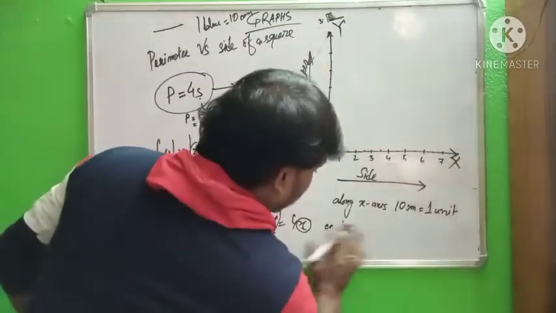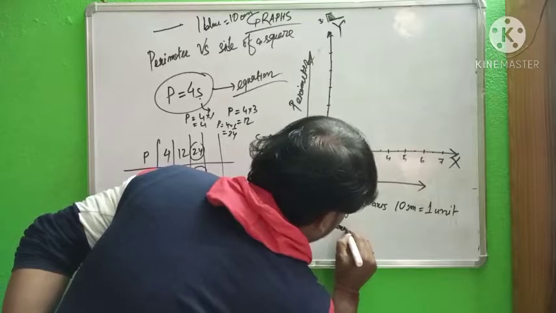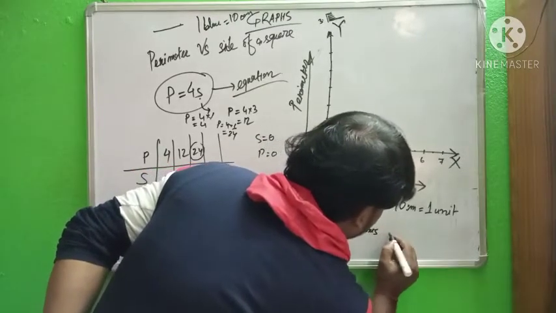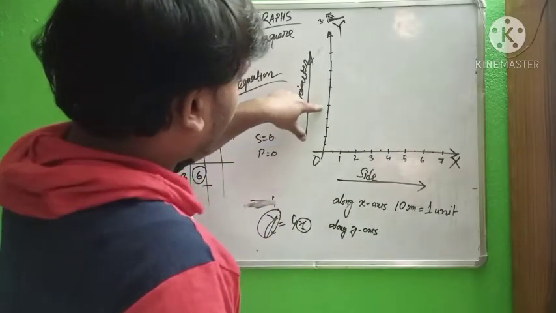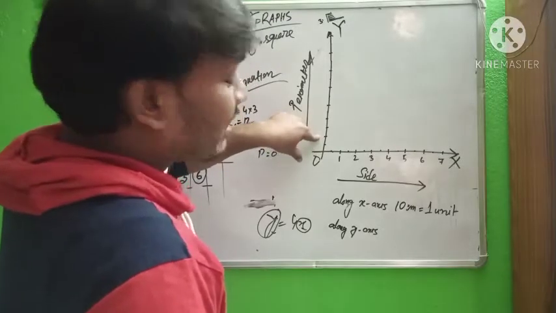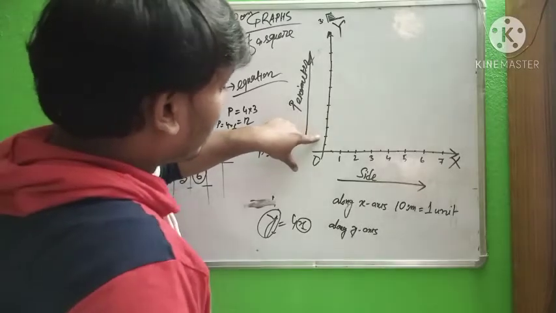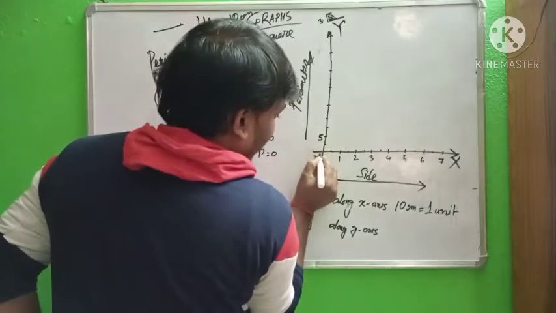So along the y-axis, if we take one block equal to 10 unit, then it is not good. If we take one block equal to 5 unit, here 5, here always 0.